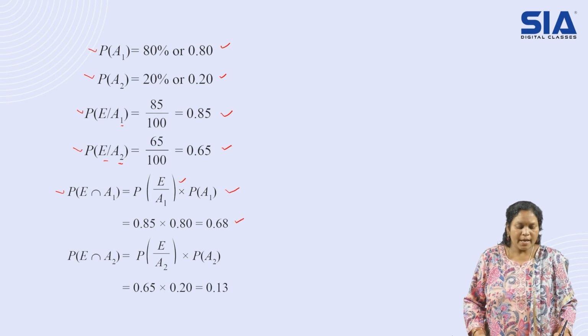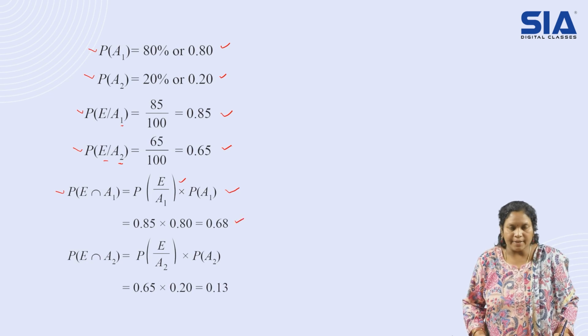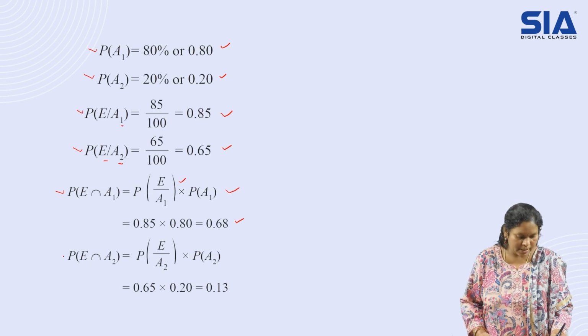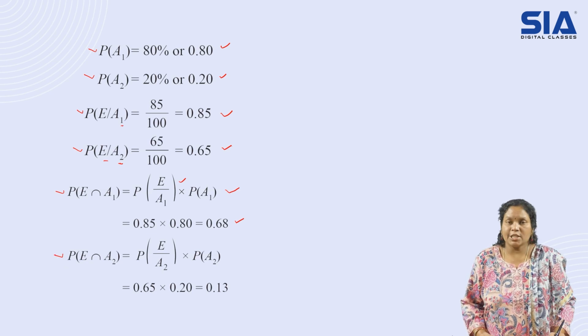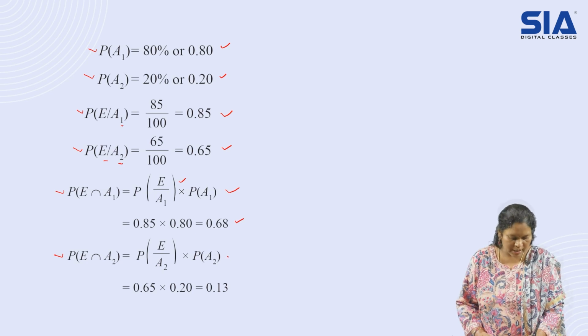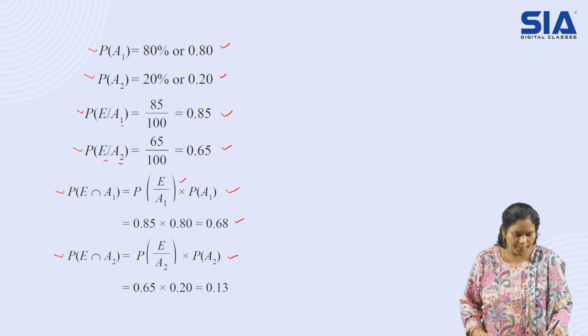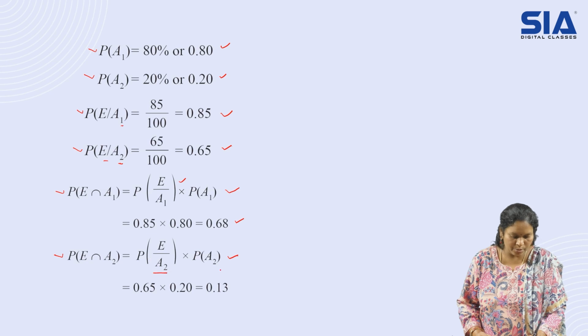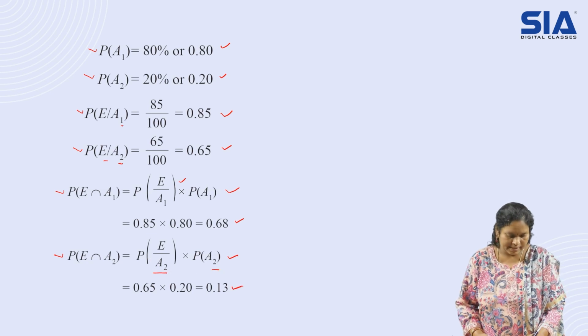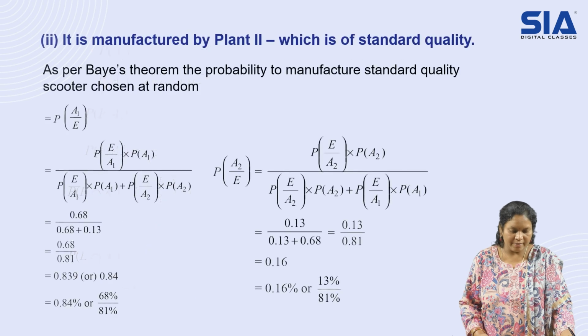So I have got E intersection A1. I need this to substitute in our Bayes theorem. Similarly, probability of E intersection A2 you also do and get the answer. I have both, probability of E by A2 into probability of A2, substitute and get the answer. So all the information is in my hand.